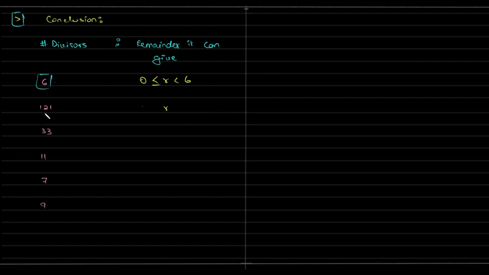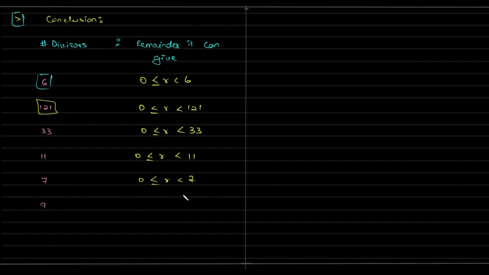Right, here when I'm dividing with 11, the remainder is greater than or equal to 0 but less than 11. Here the remainder is greater than or equal to 0 but lesser than 33. Here the remainder is greater than or equal to 0 but lesser than 11. Here the remainder is greater than or equal to 0 but lesser than 7.